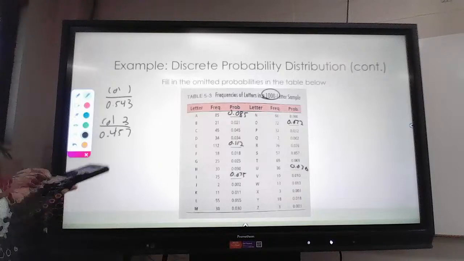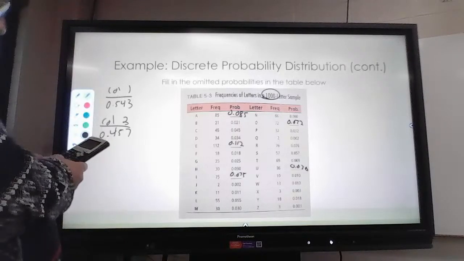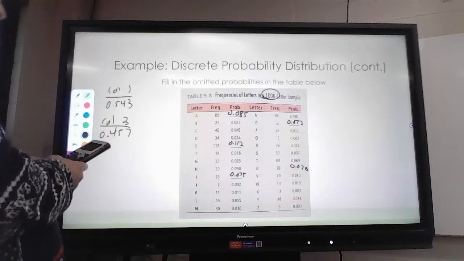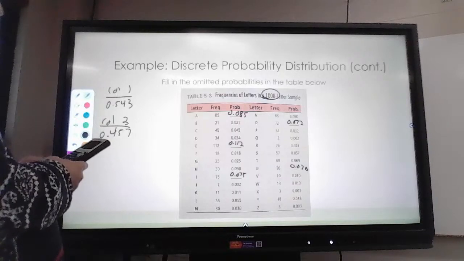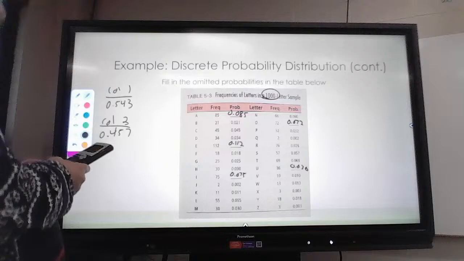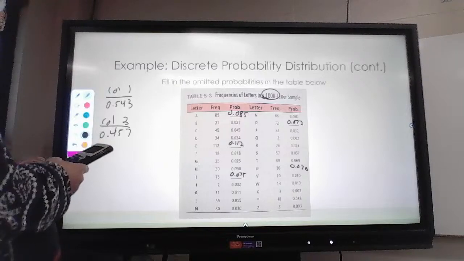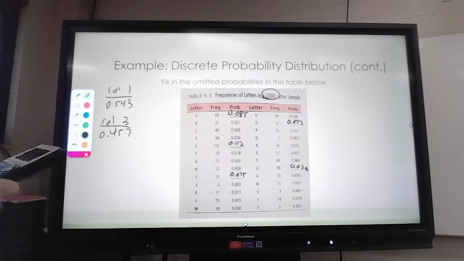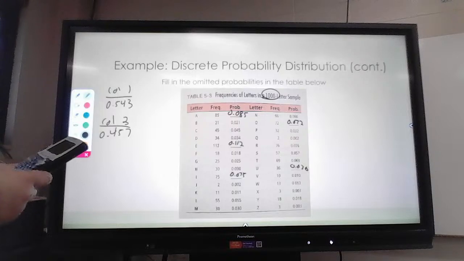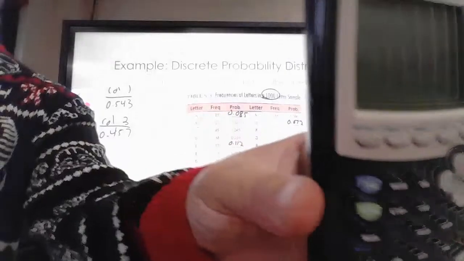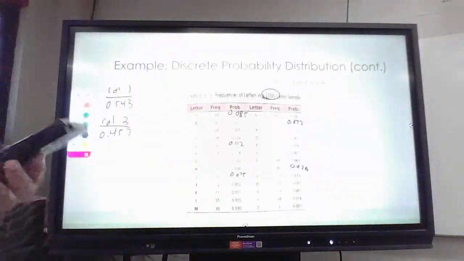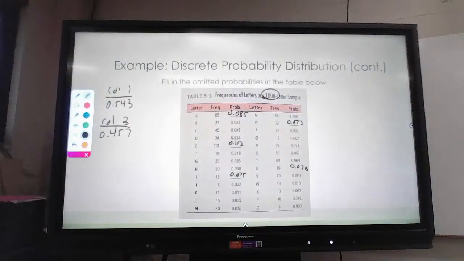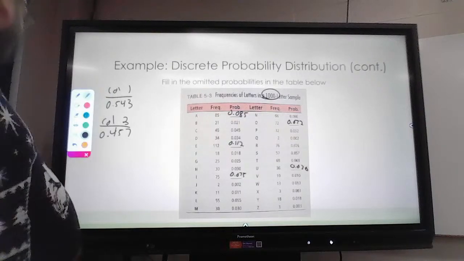So let's see what we got here for column 2. 0.066, 0.072, 0.032, plus 0.002, plus 0.076, plus 0.057, plus 0.069, plus 0.036, plus 0.010, plus 0.013, plus 0.003, plus 0.018, plus 0.003. And I do end up with a value of 0.457. So this does, in fact, represent a probability distribution.